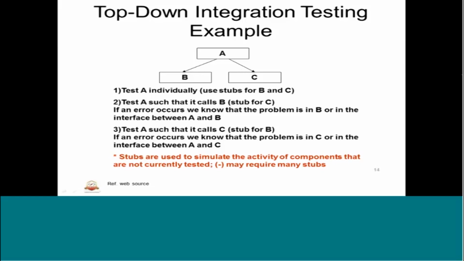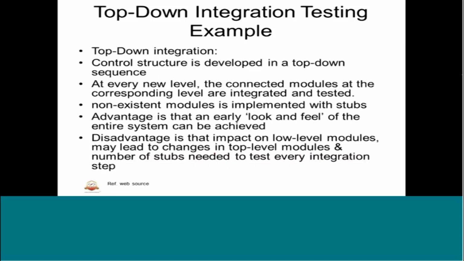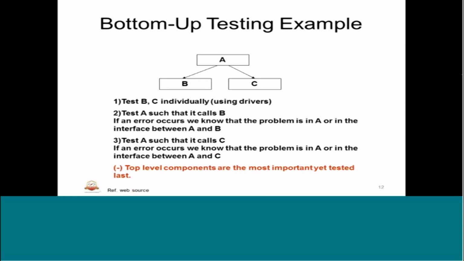So this is how all the errors of A, B, C and A to B, A to C will be brought out. That is how we bring out the top down integration issues. Bottom up is exactly the other way. Here we start with B and C and identify the interface issues either in A or in the interface with the help of B and C. Here we use drivers.